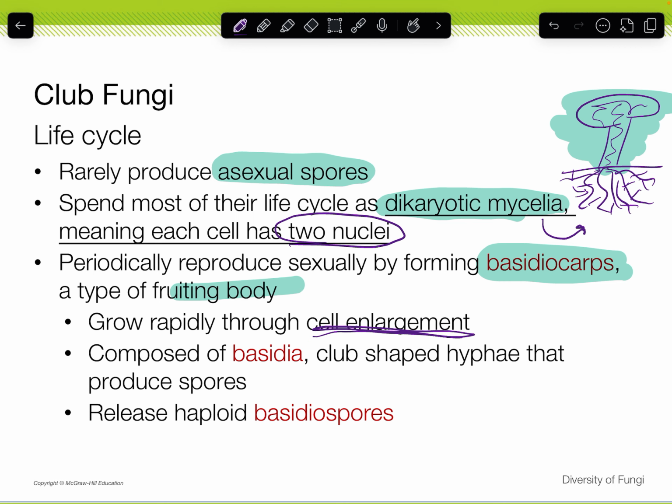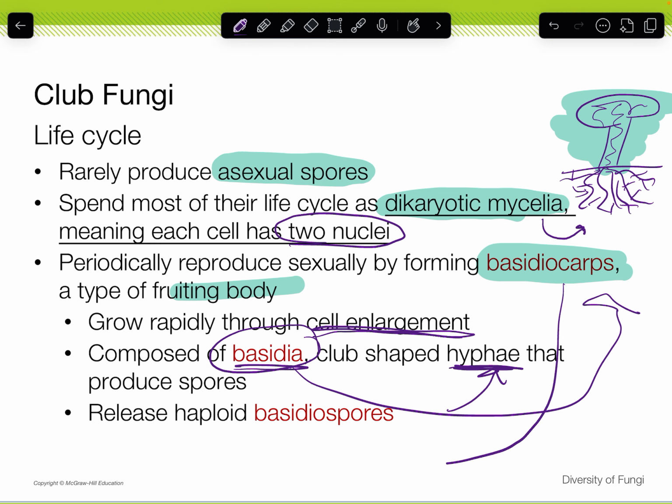And that basidiocarp is going to be made of basidia. Remember, with basidia we're still in hyphae. It's a specialized hyphae. So basidia is a club-shaped hyphae that will produce spores. So our basidiocarp is made of basidia, a specialized hyphae, and that basidiocarp made of basidia will make basidiospores.